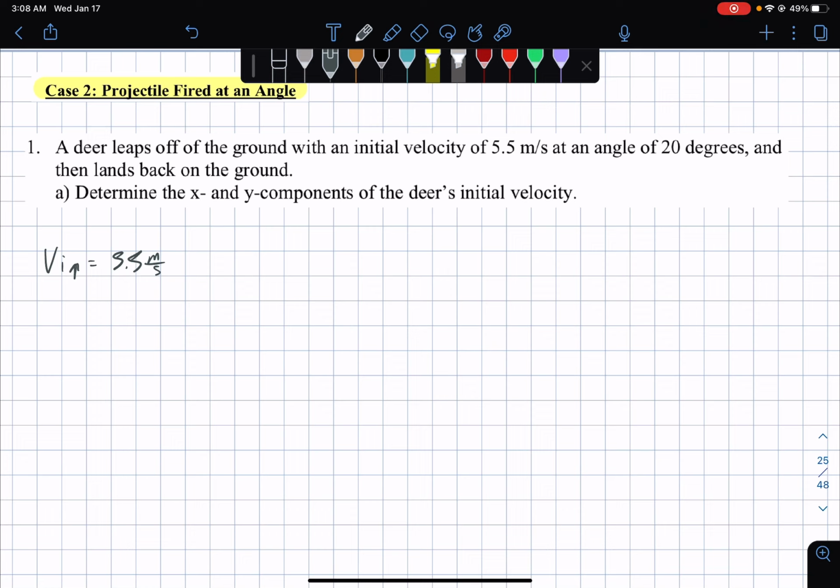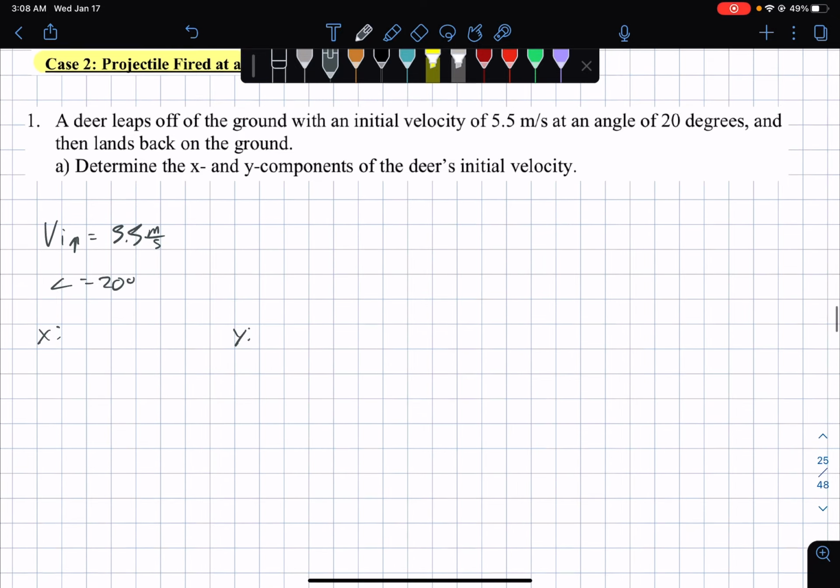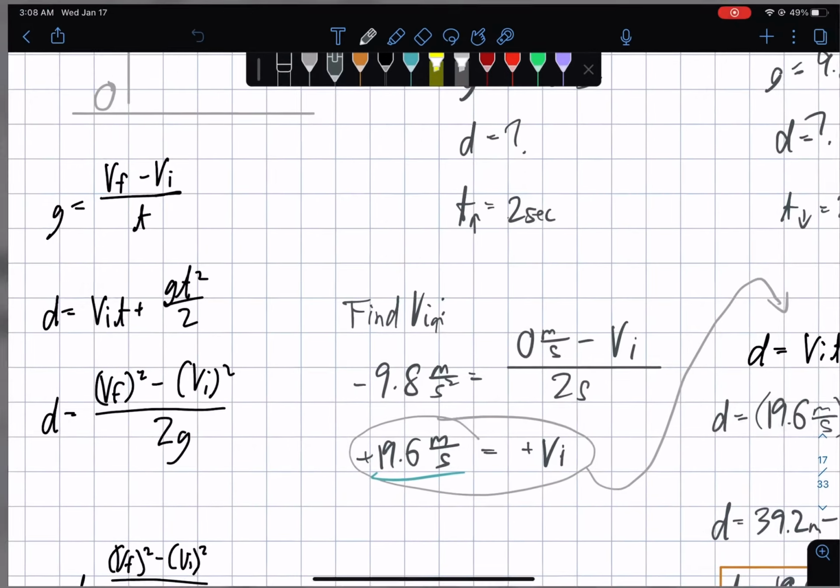Angle is equal to 20 degrees. Then lands back on the ground. X and Y components. Jeez, I forgot how to compute.